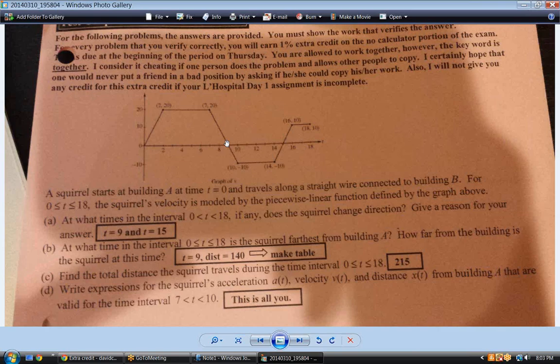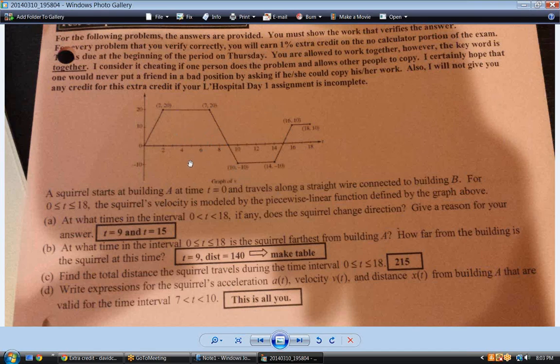So how to make a table? Because I know the point. It's obvious, but she says distance is 140, and then she says make a table. Okay. Well, the distance is the area under that curve. That's a trapezoid. I'm not sure why we need a table.